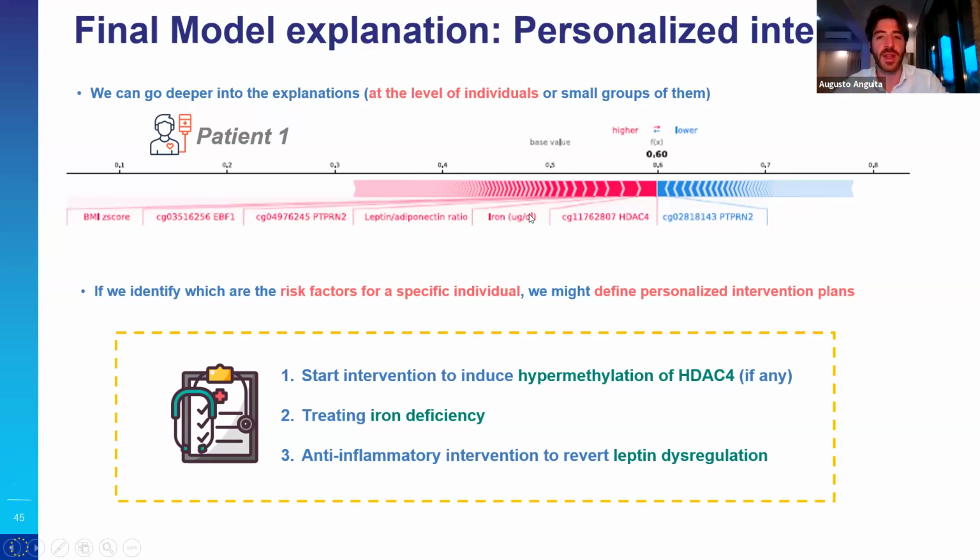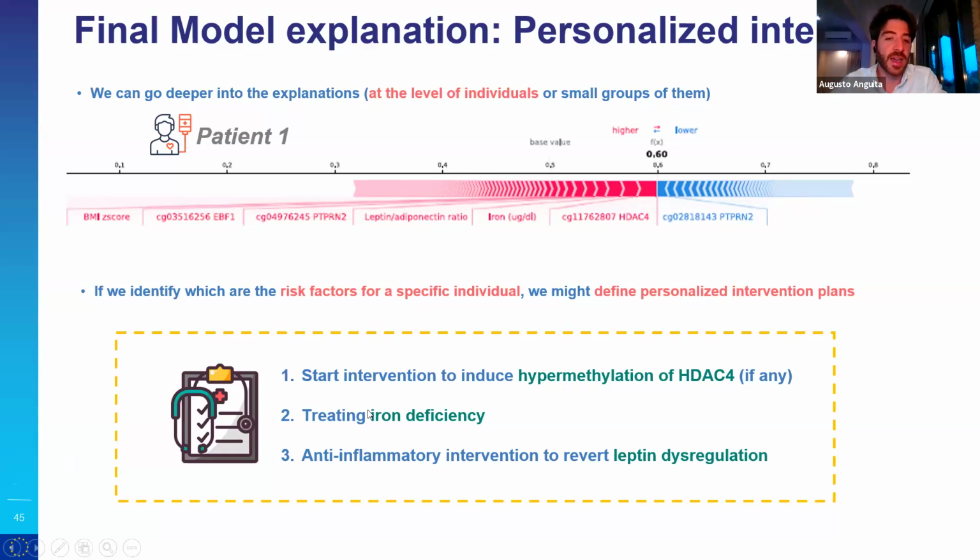And this is very good from the clinical point of view, because we can actually go to this particular example, give this patient a prediction, and start an intervention for his particular case. And this is actually what we look for in personalized medicine. We could say, let's start an intervention to induce the hypermethylation of HDAC4, if possible.